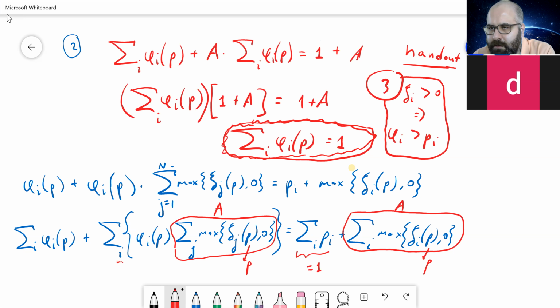So you can see the proof. That proof is a bit longer. It's not very difficult, it is still straightforward, but a bit longer. So I want you to go to that handout and look at the proof there.